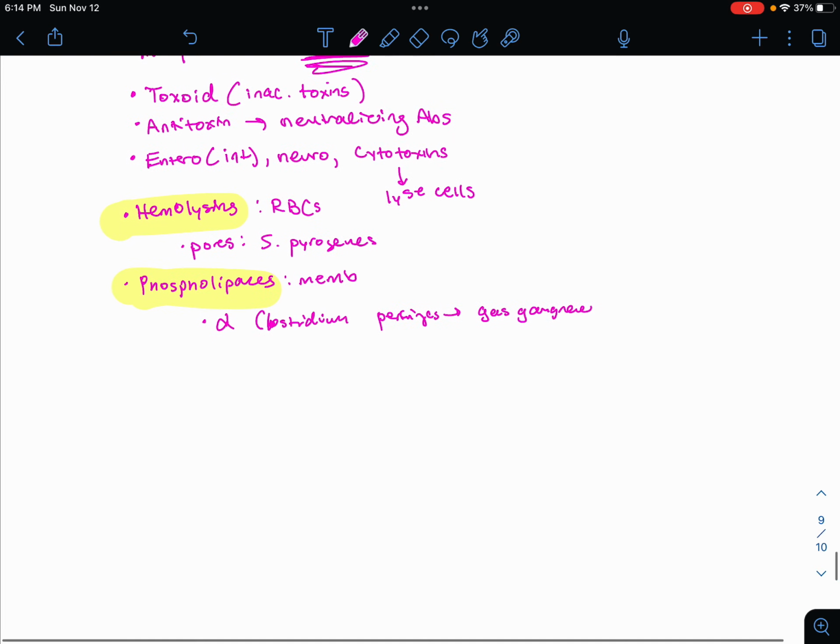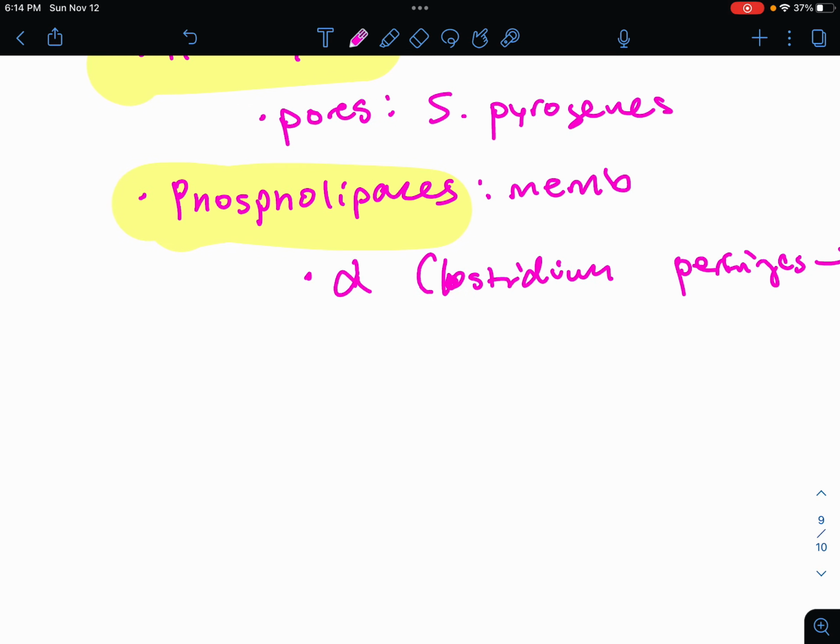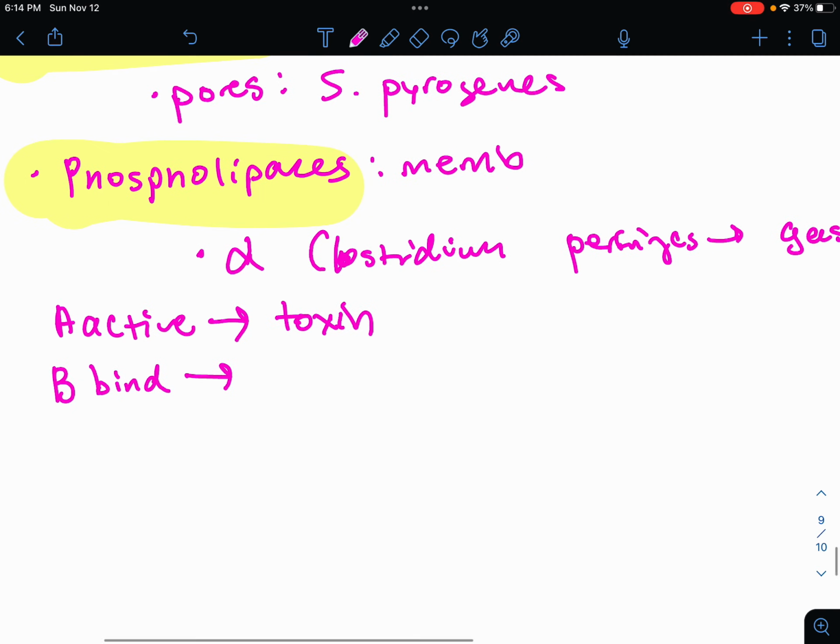Usually exotoxins will have this A, or active subunit, and this B, binding subunit. So the active subunit is the toxin itself, and the binding subunit will again bind, and it's going to determine the cell type to be infected.